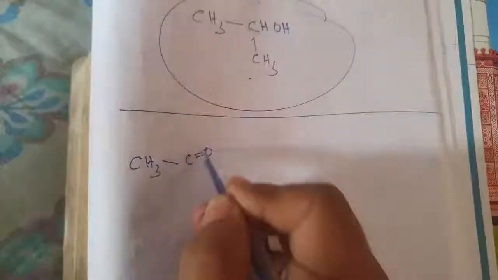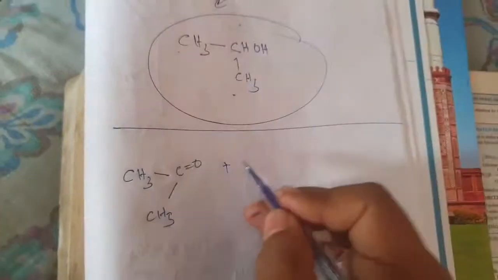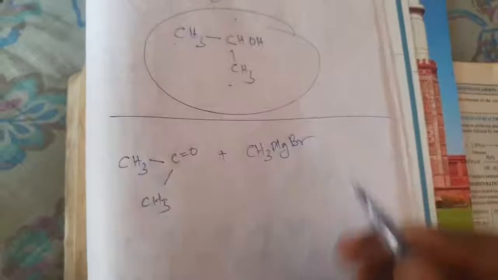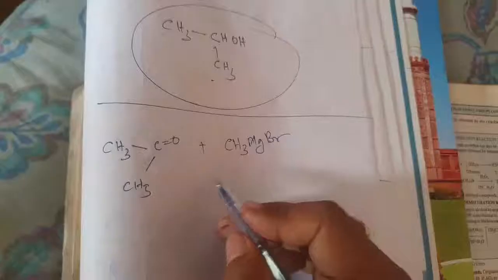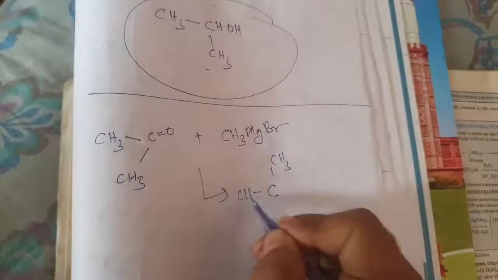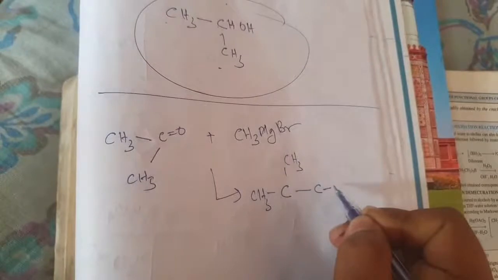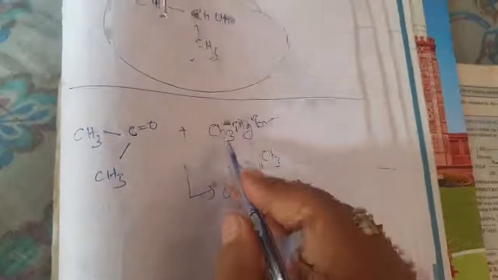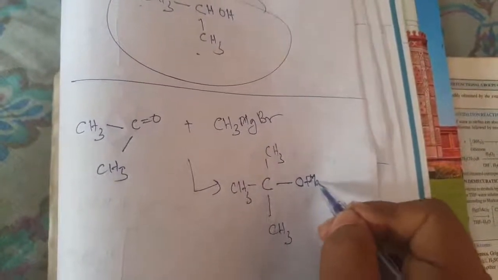Another more interesting one: treat a ketone, CH3COCH3, with CH3MgBr. You will get CH3, C, O, this single bond to O will break, and this CH3 will attach, giving OMgBr.